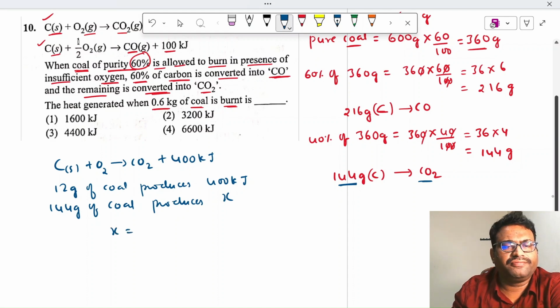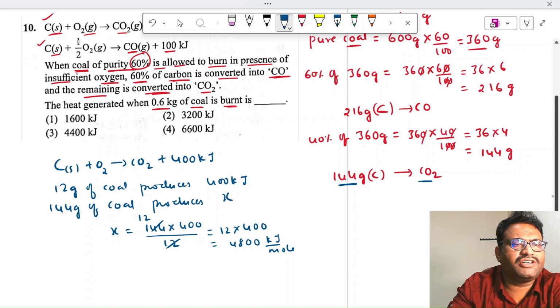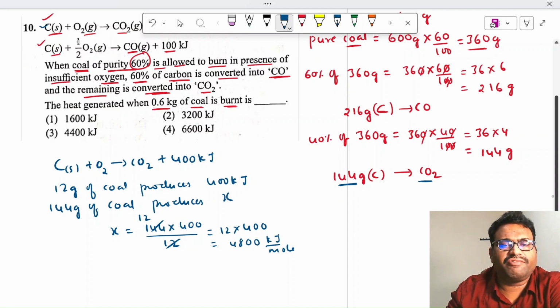X is equal to 144 into 400 by 12. 12 12s 144. 12 into 400, 12 4s 48. 4800 kilojoule per mole. So from this first equation, we have calculated that 4800 kilojoule per mole is released.